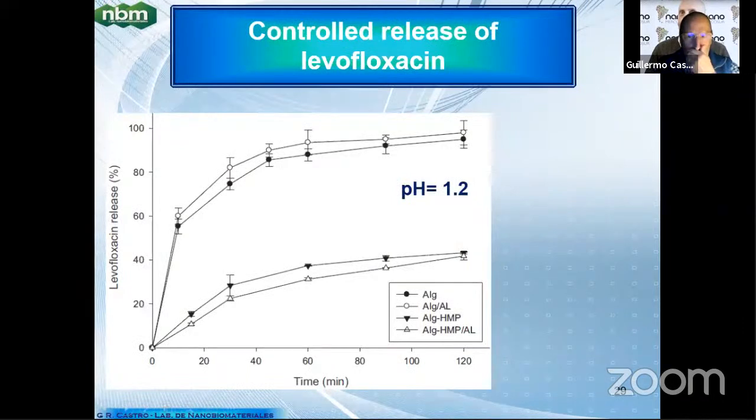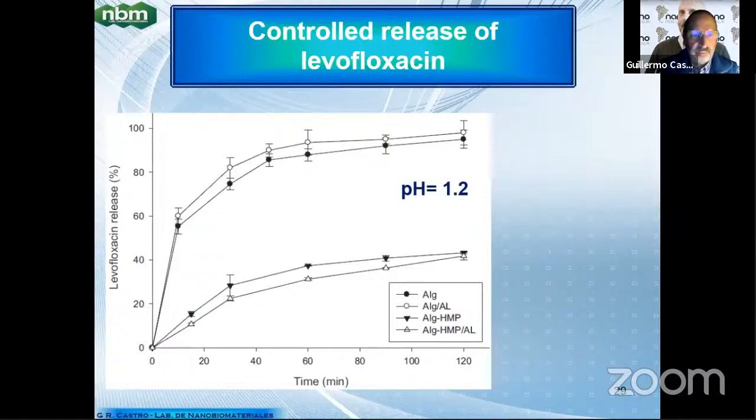So what happened for oral administration? Oral administration is very complex, because they require to go. It's easier for the patient because they don't require any kind of technologies, just a prescription with the antibiotic.